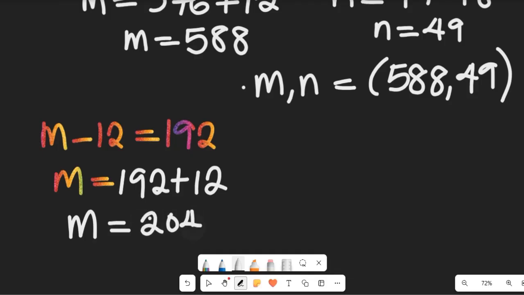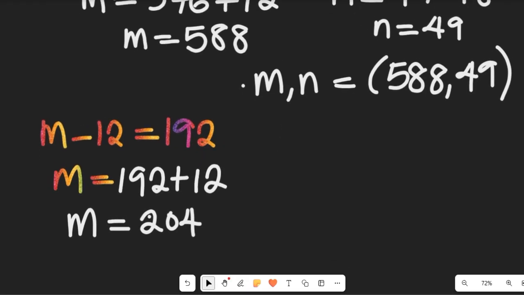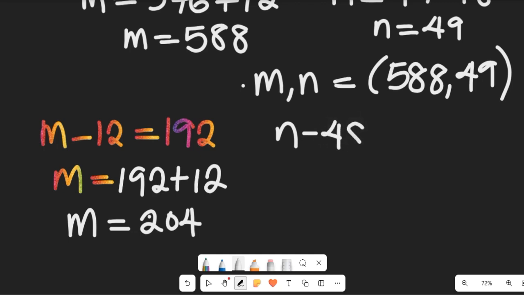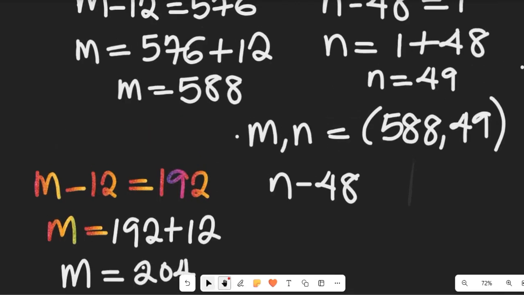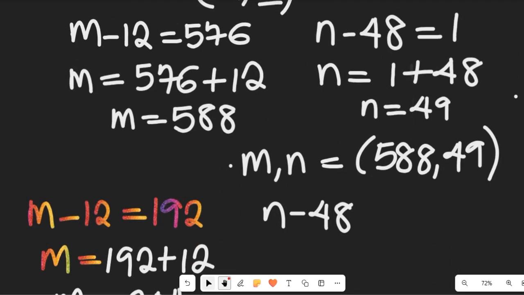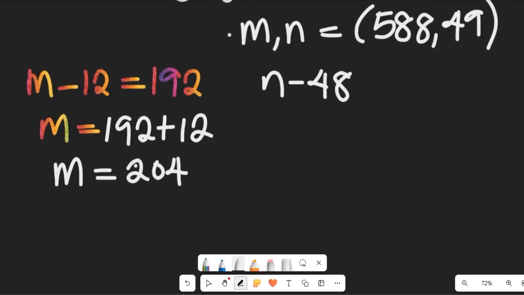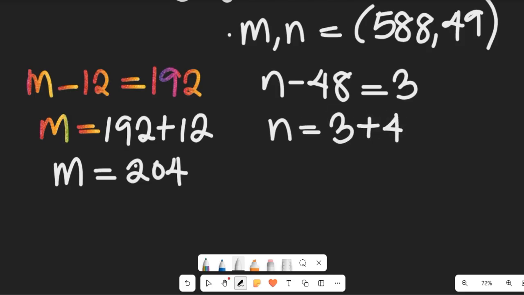And from that expression too, you can see that n minus 48 equal to 3, then n will be equal to 3 plus 48.